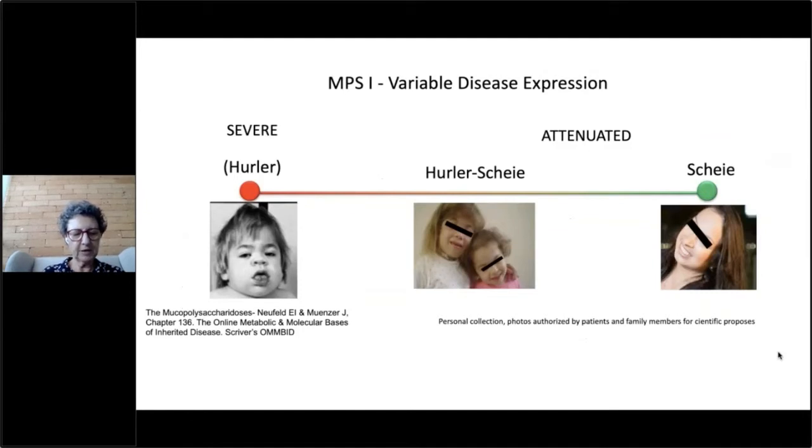In the intermediate phenotype, Hurler-Scheie, the facial findings are milder when you compare with the severe one, but still have the appearance of MPS. And in the more attenuated phenotype, Scheie, can be very discrete and close to normal.